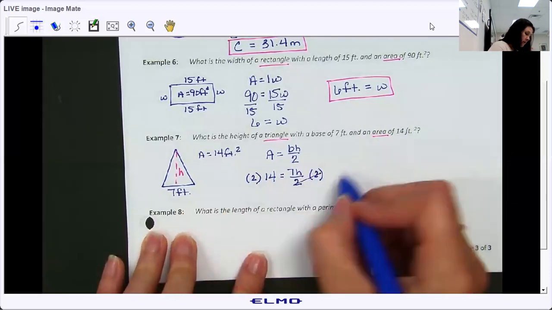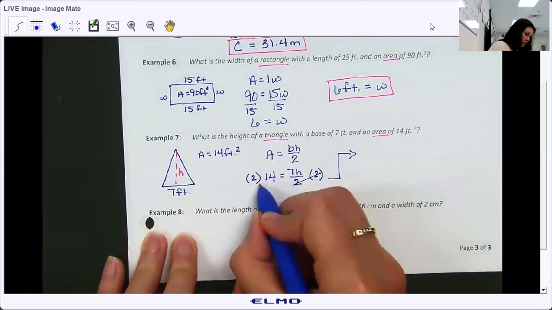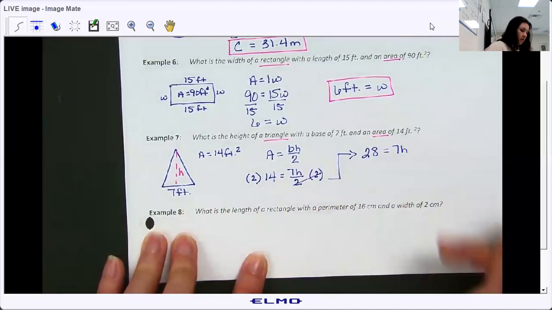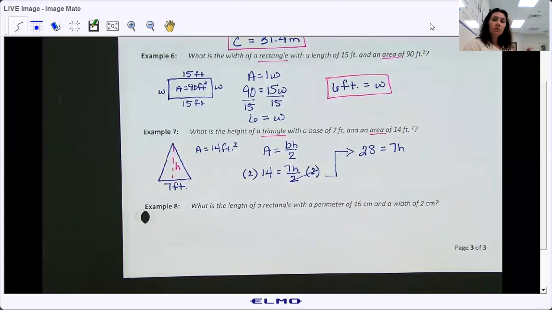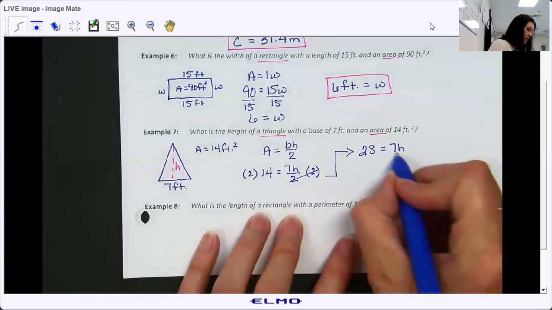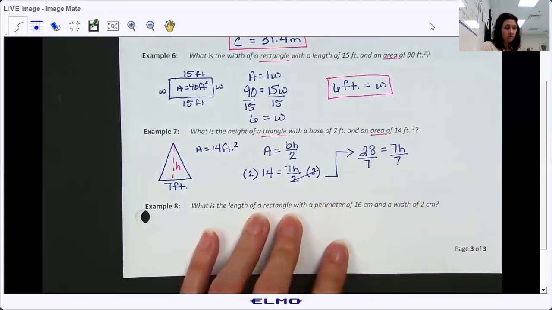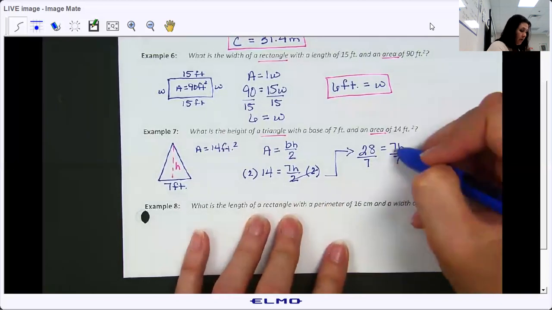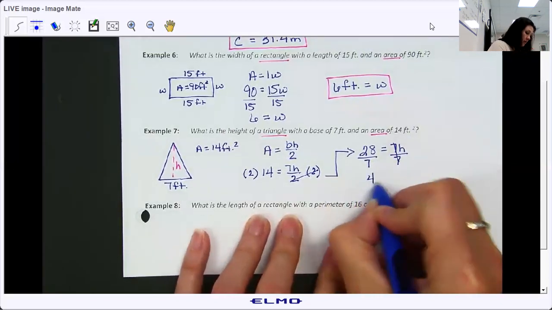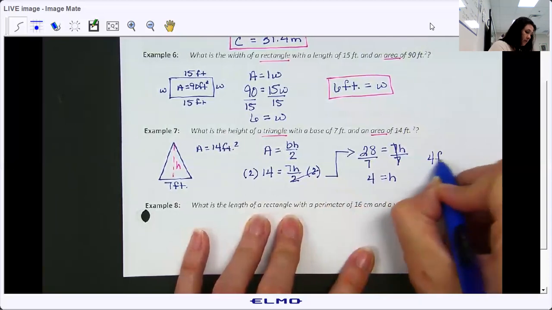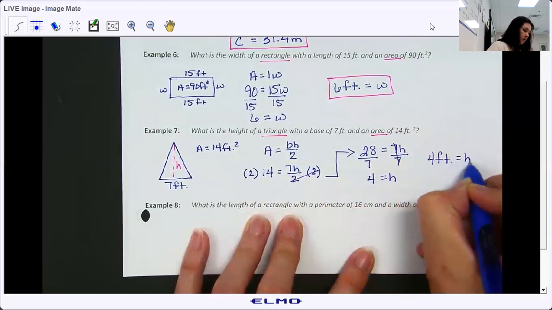These cancel out, and I am left with 28 equals 7H. To me, this is easier. To some of you, it may not be. If you want to divide 14 by 3.5, you can. There's always more ways than one to solve problems in algebra. Okay, and then I get 4 as the height, and my unit is 4 feet equals the height.